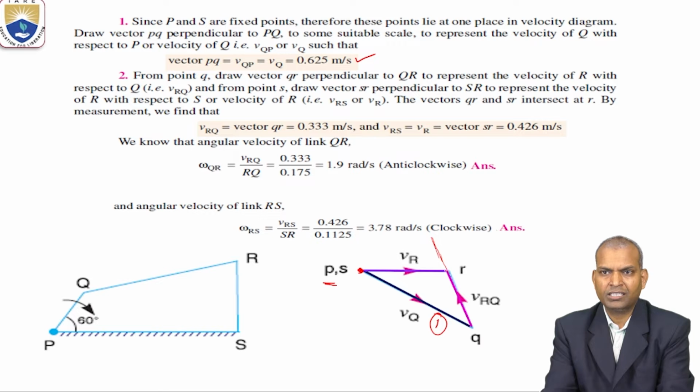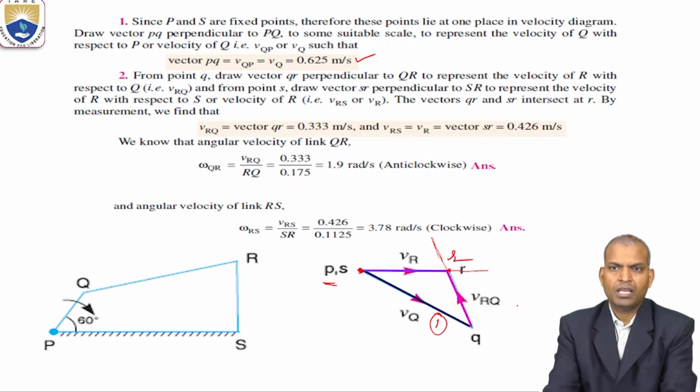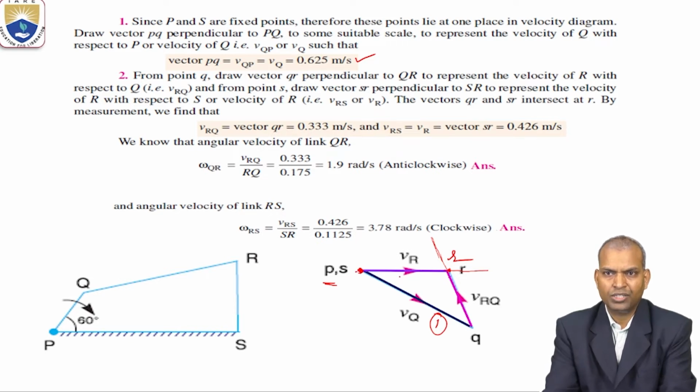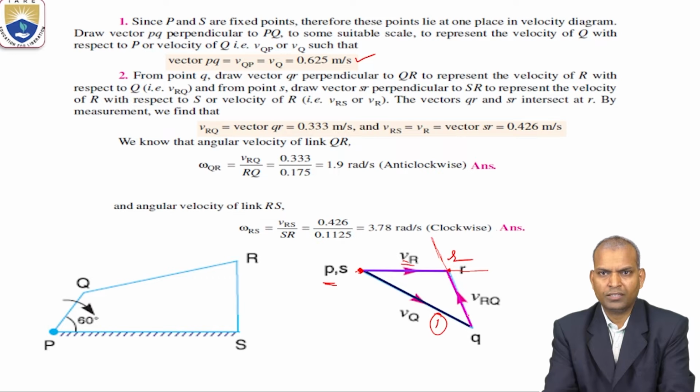Then it will intersect at the point R. Now if you measure this vector length, RS denotes the velocity of R, and RQ denotes the velocity of the link QR.